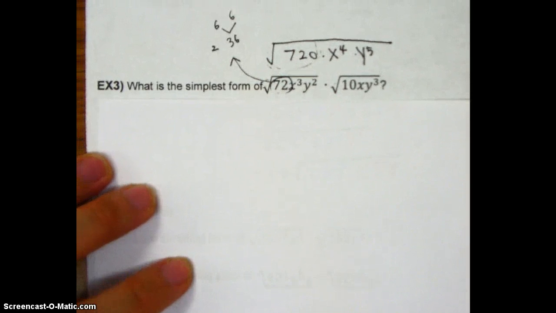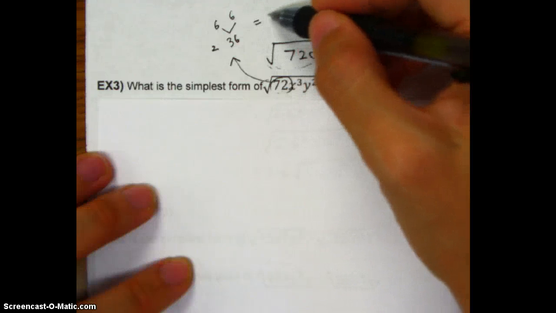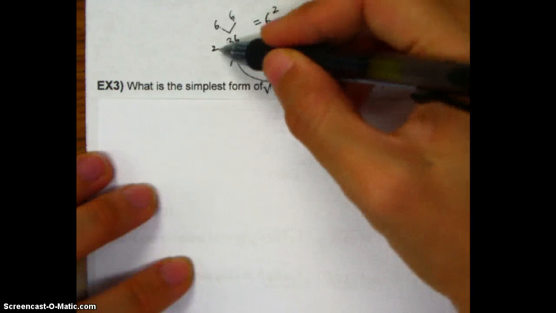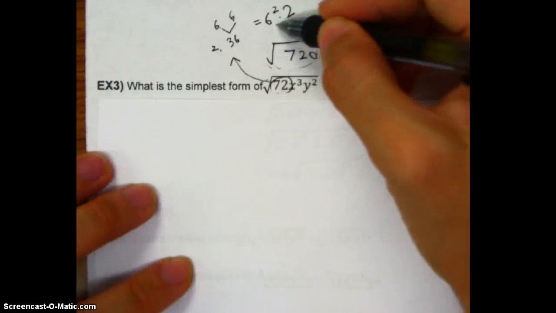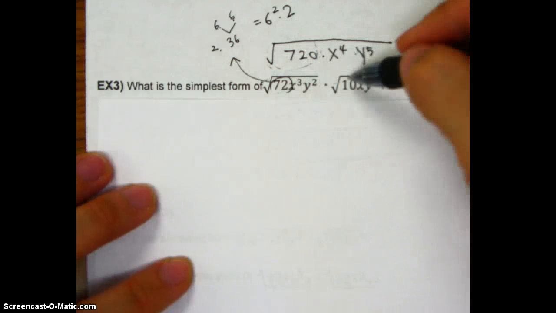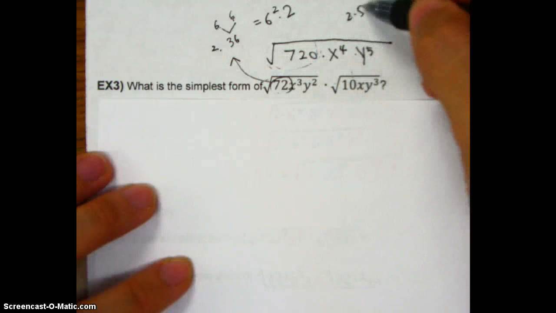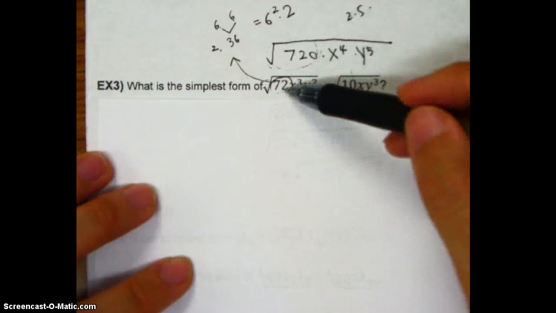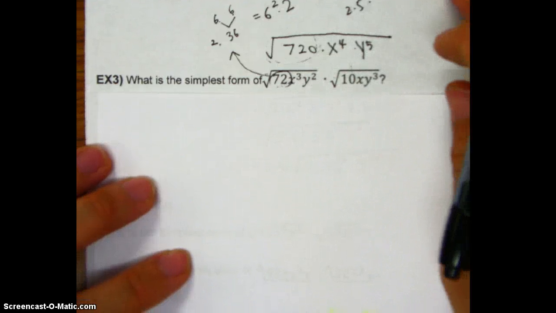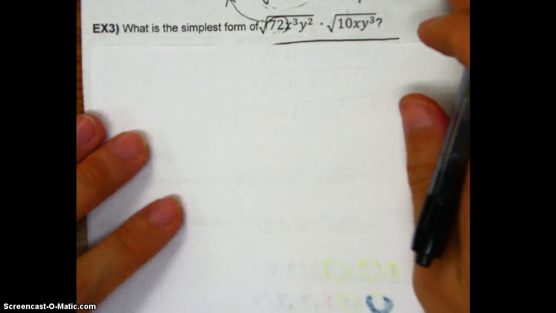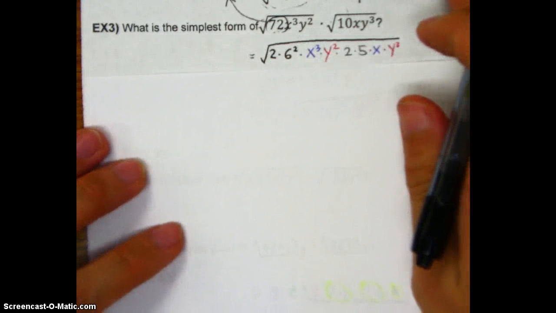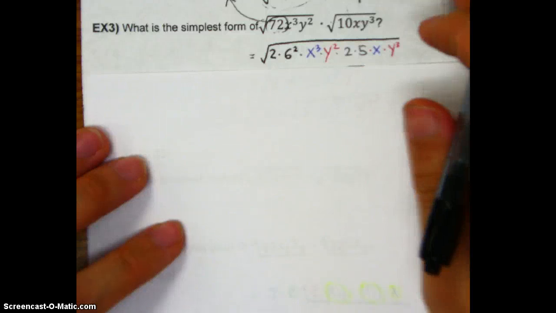So basically 72 is 6 squared times 2, which is 36 times 2, 72. 10 is the same thing as 2 times 5. So if I break down these numbers into smaller forms and then multiply them together, we'll get this.